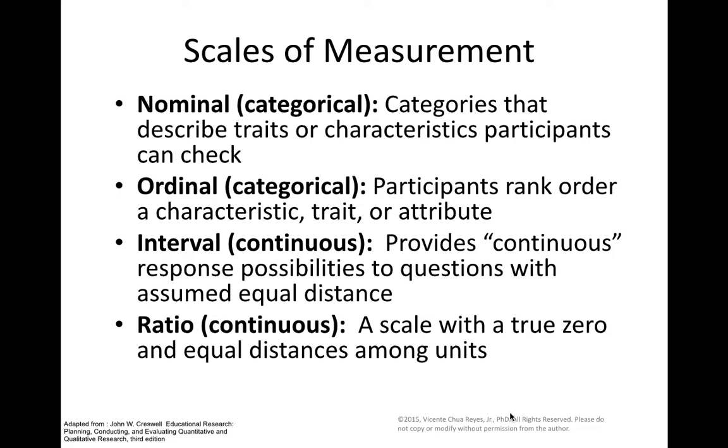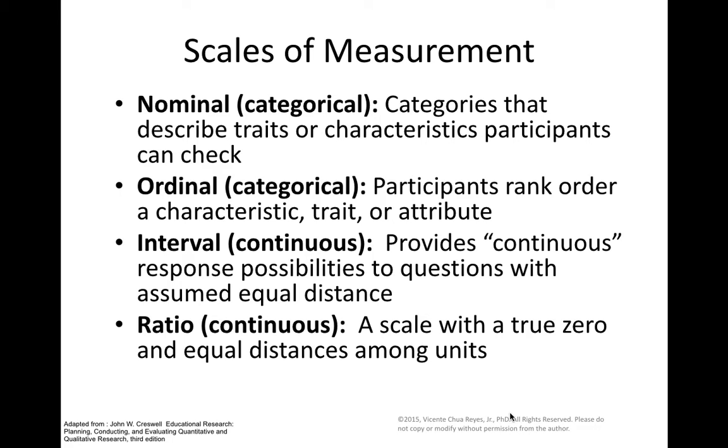So that's an ordinal scale. The participants are able to rank an experience according to a particular attribute. Let's say happy, happier, or happiest. The problem with the ordinal, not really a problem, but we need to remember that in an ordinal scale, the distance between happy, happier, and happiest is not something that is really precise.